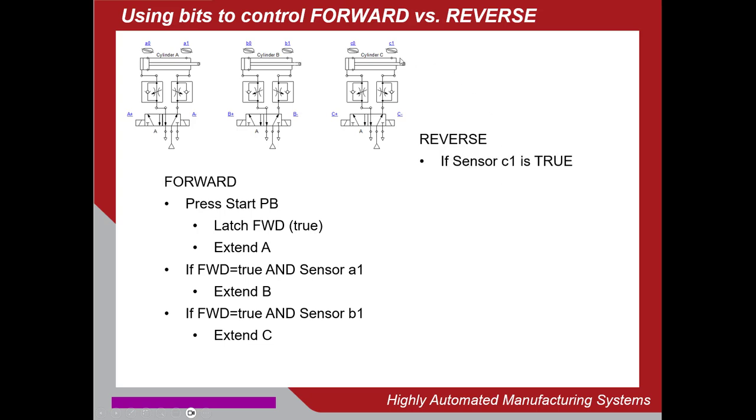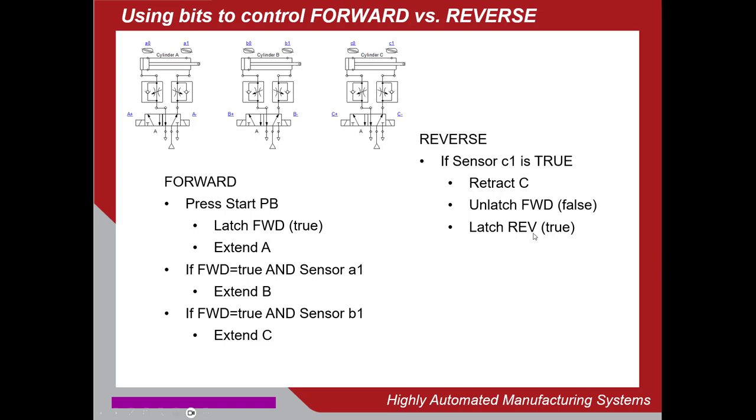So the sensor C1, as soon as that gets triggered by the cylinder, we're going to have the C solenoid or C cylinder retract, but we're also going to unlatch forward. So forward is going to be set back to false, and we're going to latch another bit called reverse.